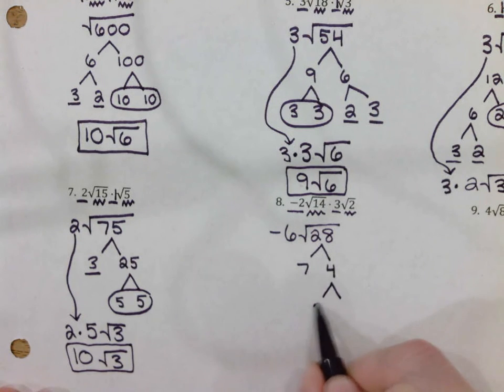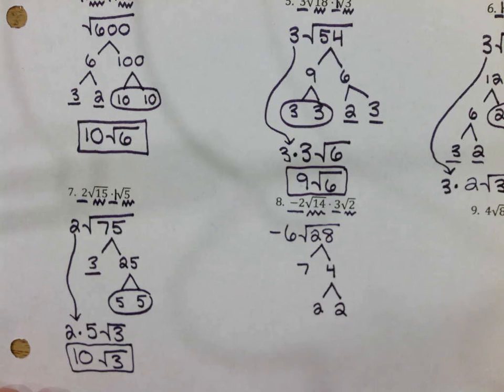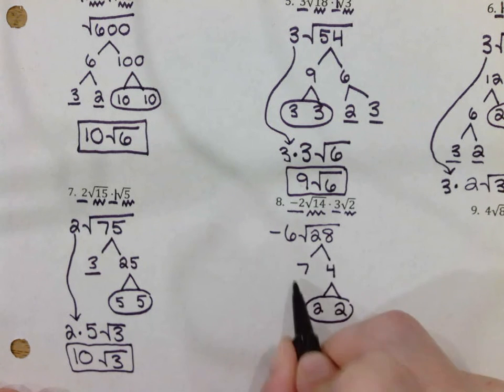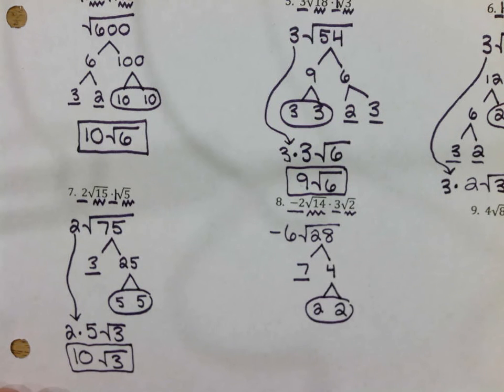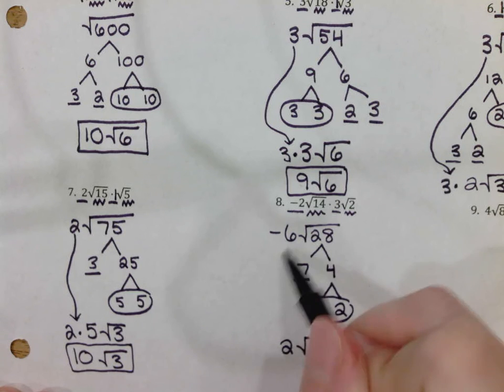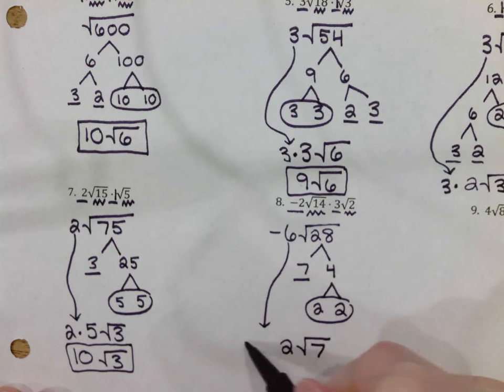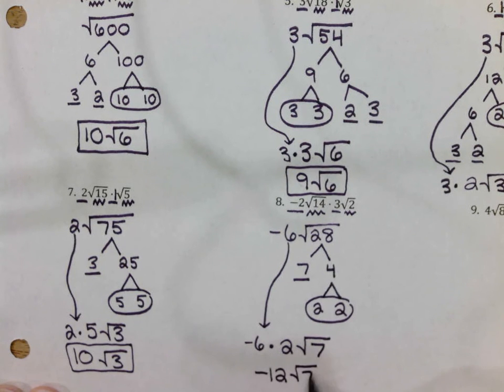And then we can break that into 2 and 2. We'll circle our pairs, underline our singles. And let's see, couples go out, singles stay in. And we'll just bring down our -6. And so this is -12 square root of 7.